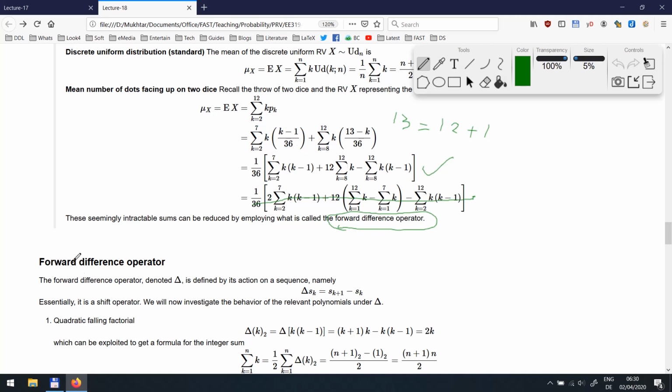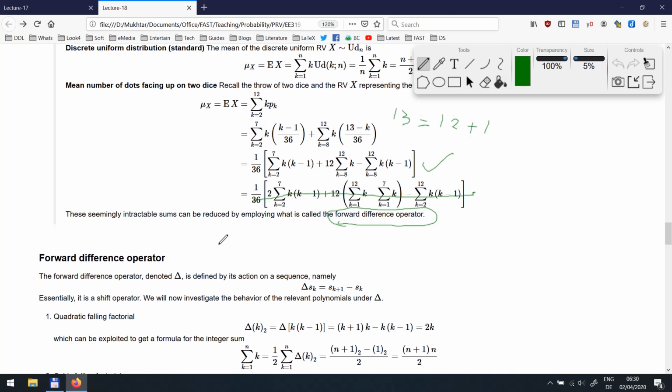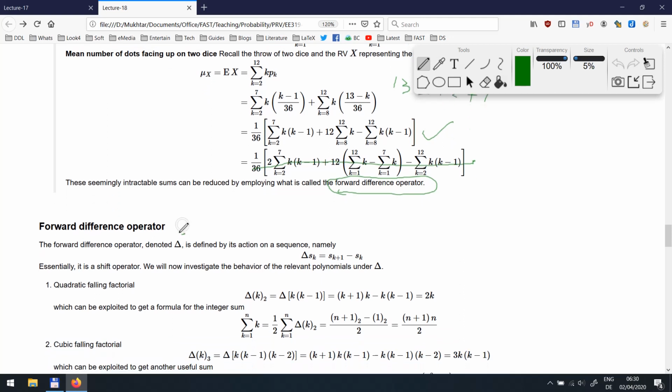So what is a forward difference operator? Let's use delta for it. And we will apply delta to any sequence s_k. Remember, s_k means s for sequence and k is the index. Just like in signals and systems you write x of k. So you have a discrete time sequence.